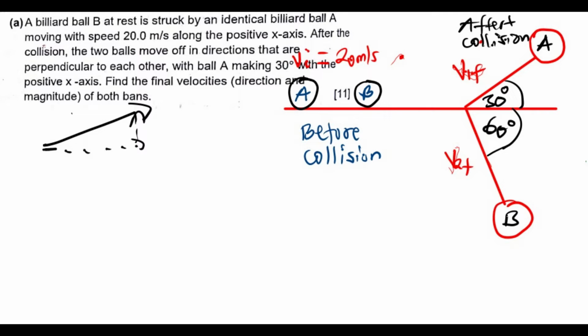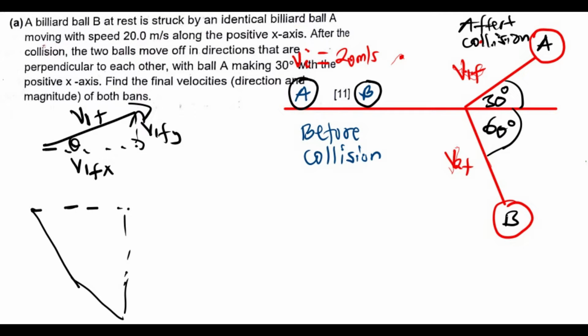So that's my V1 final, meaning this is V1fx, this is V1fy. Since I've got an angle, the other one is going to be the same. It is coming here, so I've got the x as well as the y. So I also have V2 final, then this is V2fx, V2fy. The angle is here.